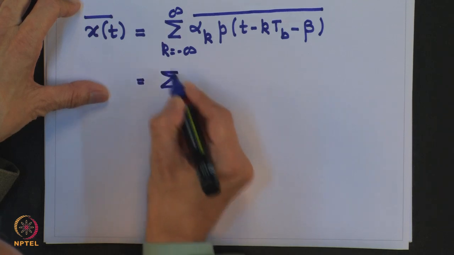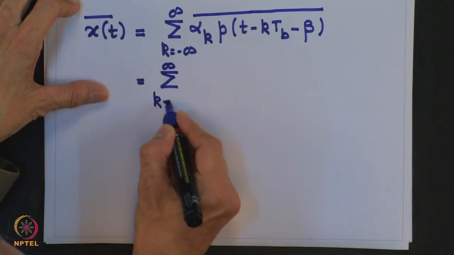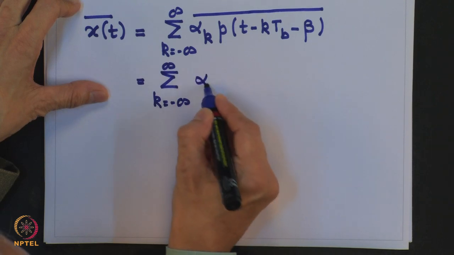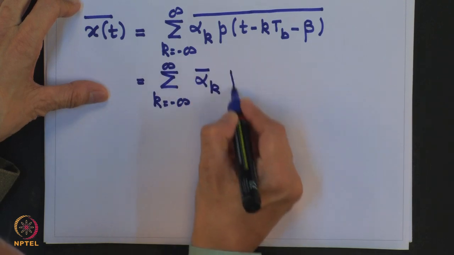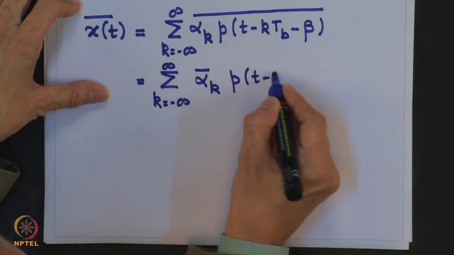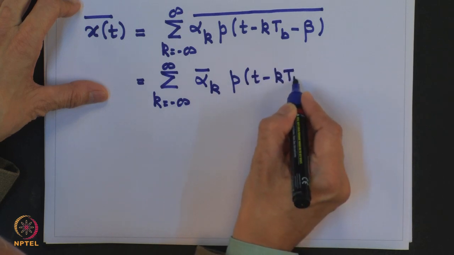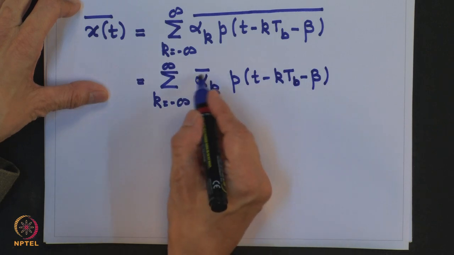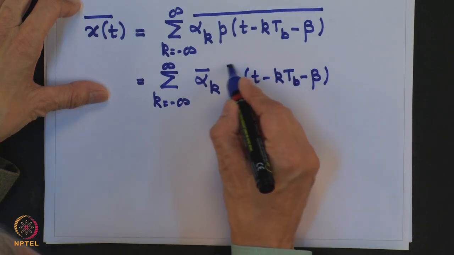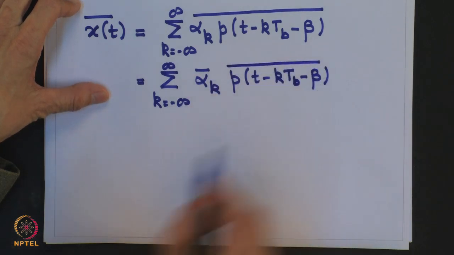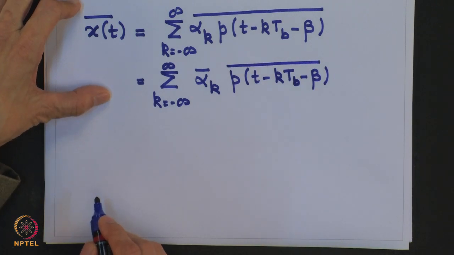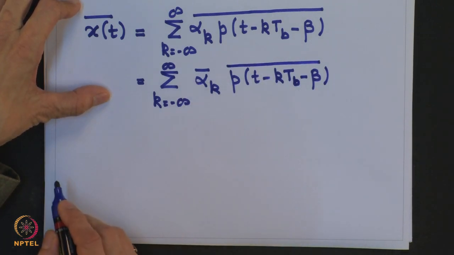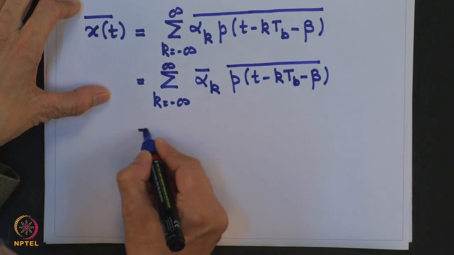This I can rewrite it as follows. Please note that alpha k is independent of the random variable beta, so I can separate it like this.